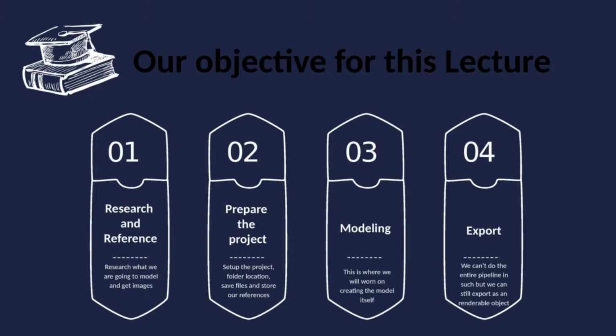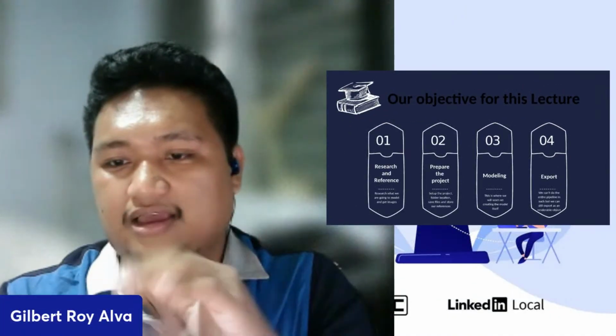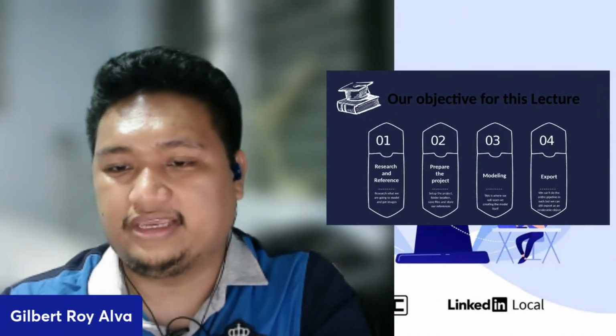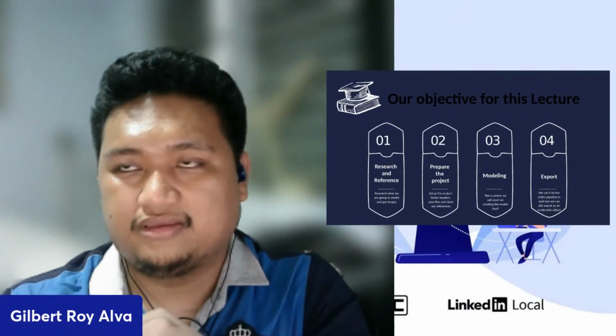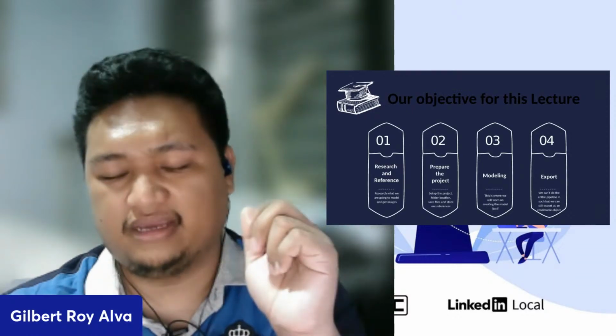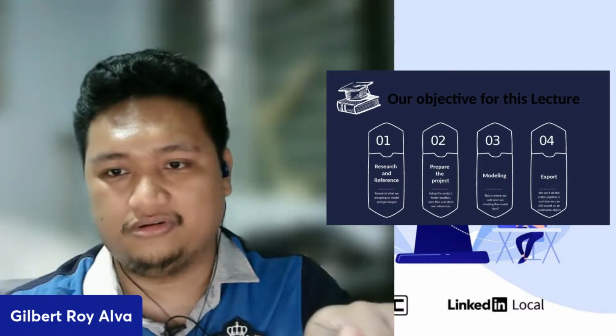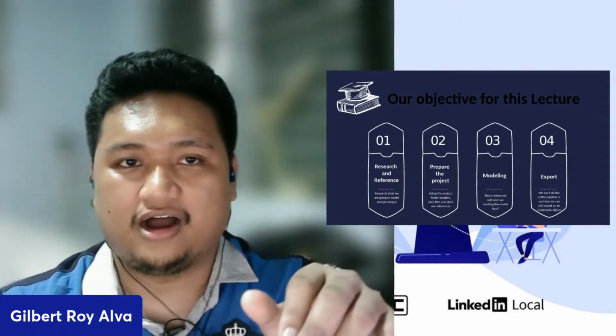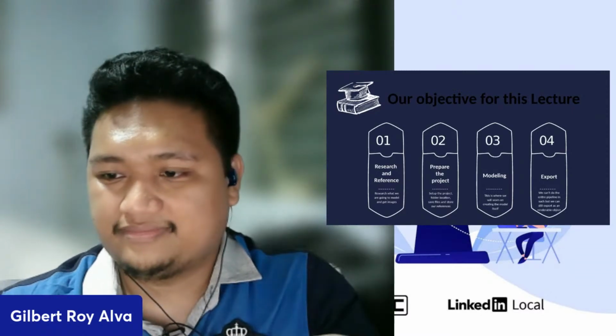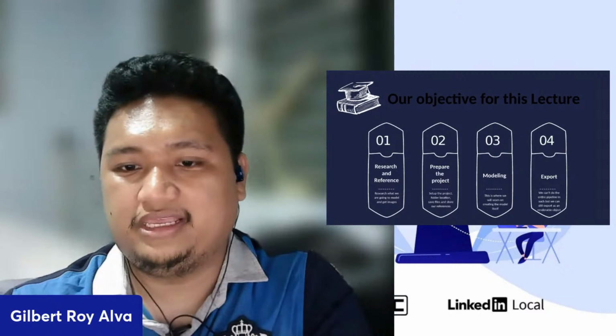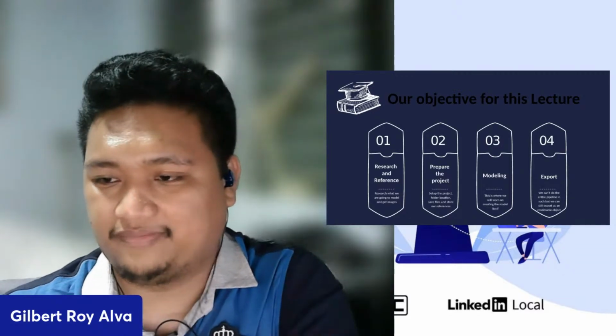So I'm gonna be doing a demonstration in Autodesk Maya on how we can model a dice. I just thought of a dice because it's a simple object and we can make it look good and you'll be able to learn a lot. And hopefully you guys can follow as well.